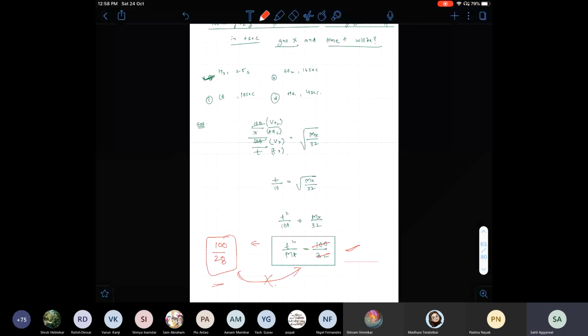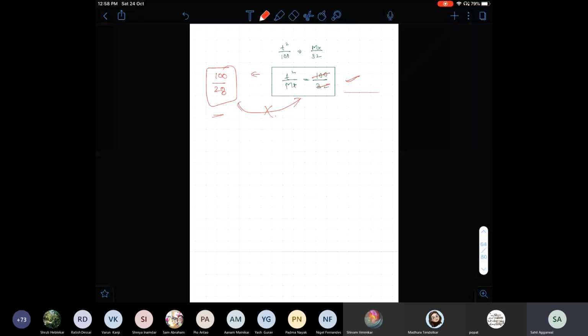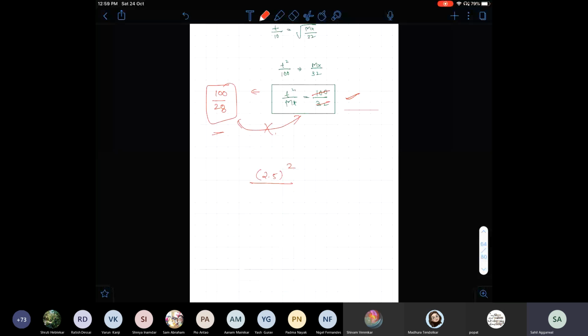One equation, two variables, unknown. So just put the values of H2 and 2.5 and show. Okay. So if I take T equal to 2.5, then 2.5 whole square divided by mass of hydrogen. Hydrogen is how much? 2. So this will be 6.25 divided by 2.